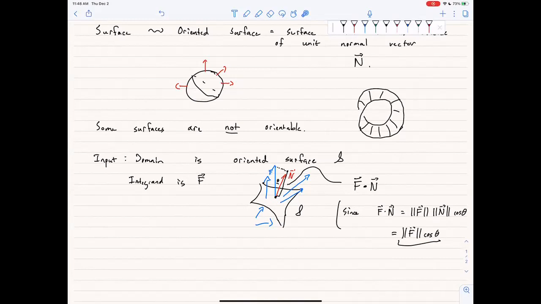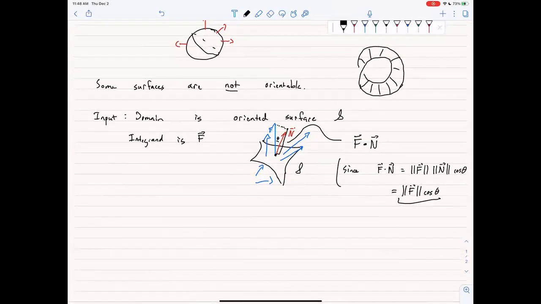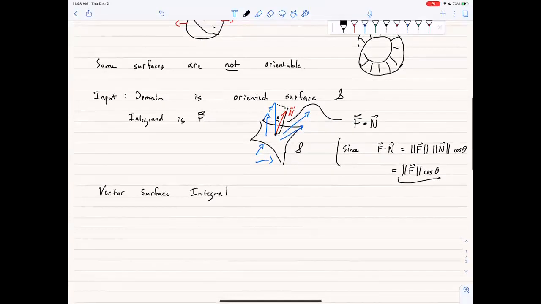And now if we want the amount of fluid going through the entire surface, we're going to take a scalar surface integral of this. That's how you add these contributions up per unit of surface area. So our vector surface integral is going to be a scalar integral of this dot product.